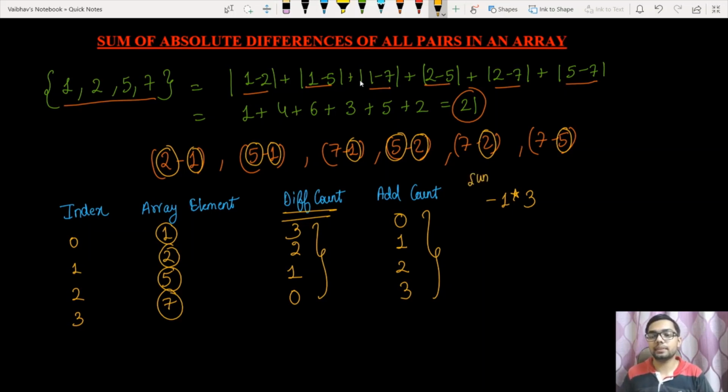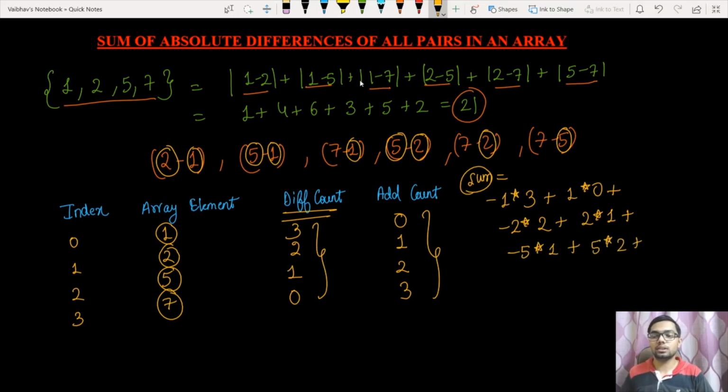Let's say I am storing the sum in variable sum, so it would have values like minus 1 into 3 plus 1 into 0 plus minus 2 into 2 plus 2 into 1 plus minus 5 into 1 plus 5 into 2 plus minus 7 into 0 plus 7 into 3.